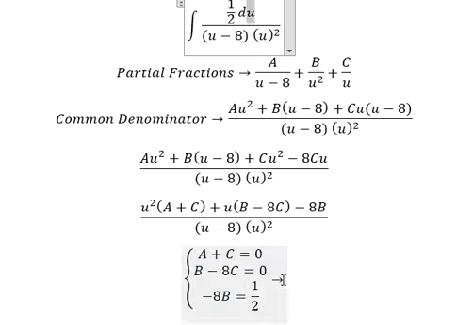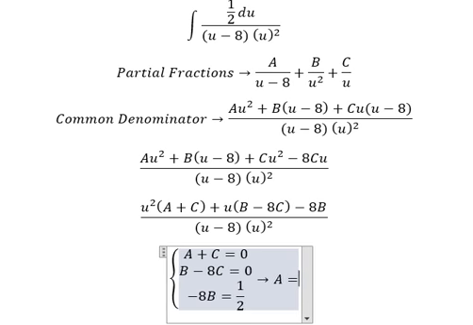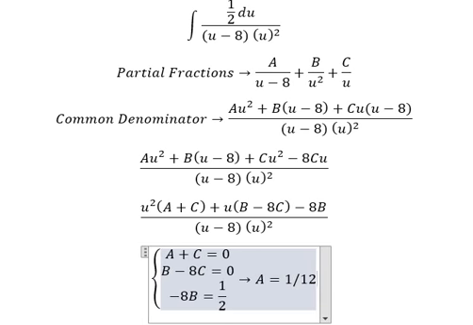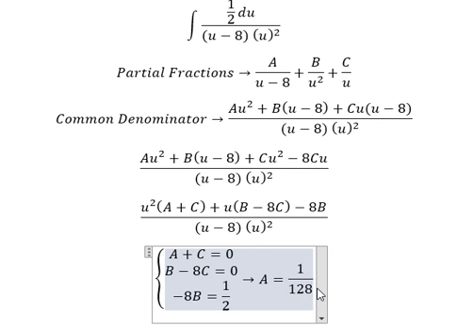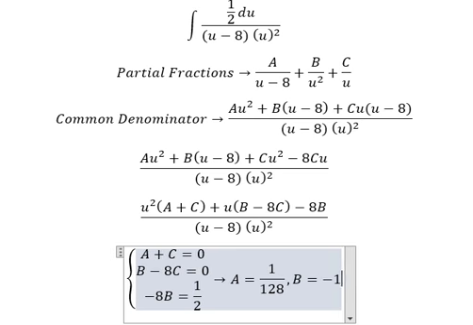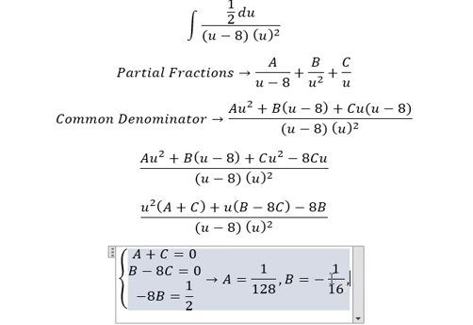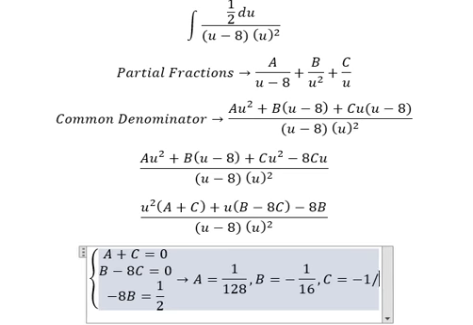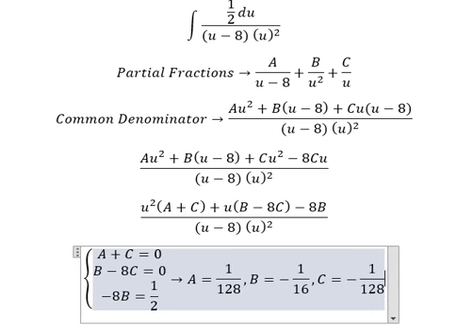So we will have A that's about 1 over 128. B equals to negative 1 over 16. C equals to negative 1 over 128.